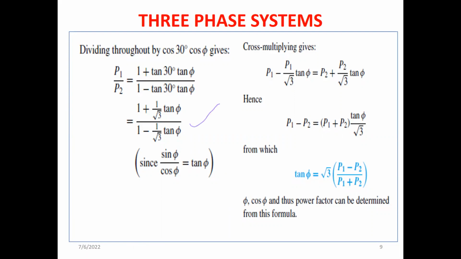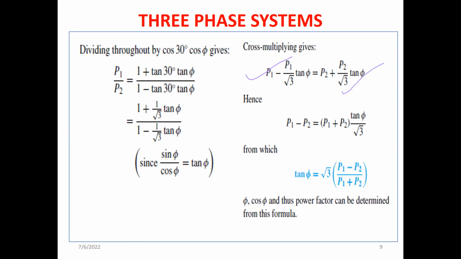Since sine over cos is equal to tan, from mathematics, or using SOHCAHTOA, when you cross multiply, you find P1 and P2.